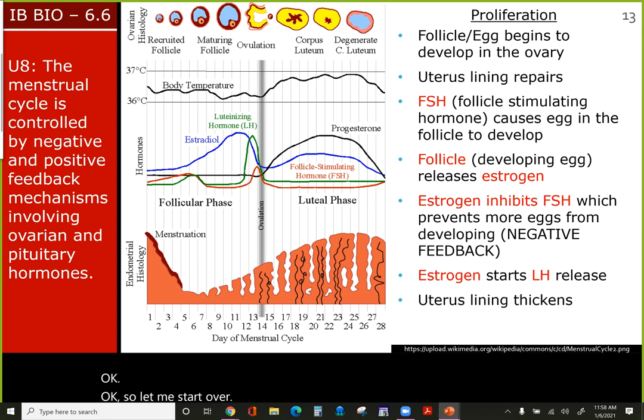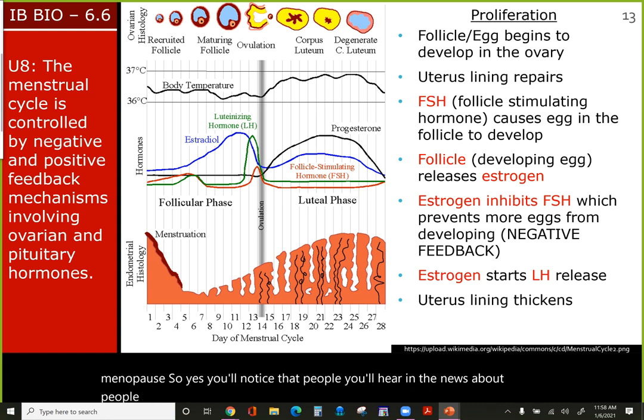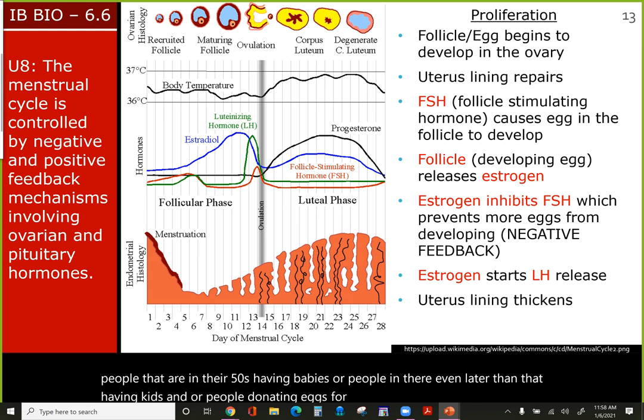Somebody asked a question, is that why people harvest eggs? Because women only have so many eggs, and once you run out, then it's menopause. So yes, you'll hear in the news about people in their 50s, or even later, having babies, and people donating eggs for IVF, and IVF is part of this topic. We'll talk about that too.